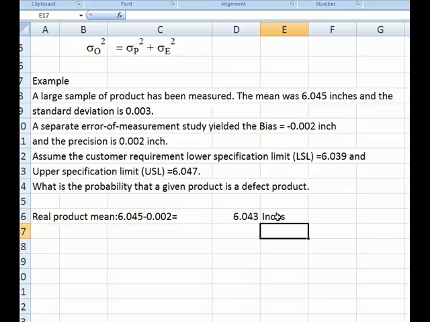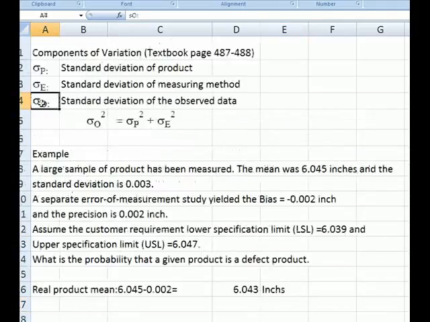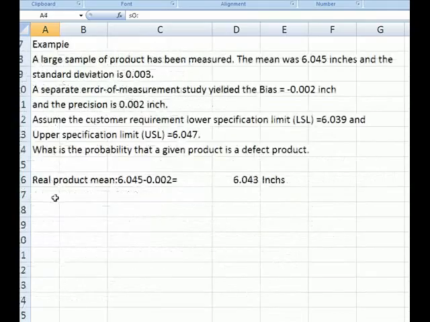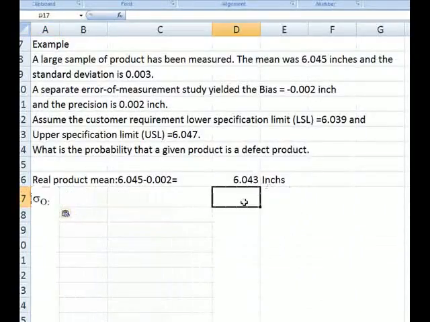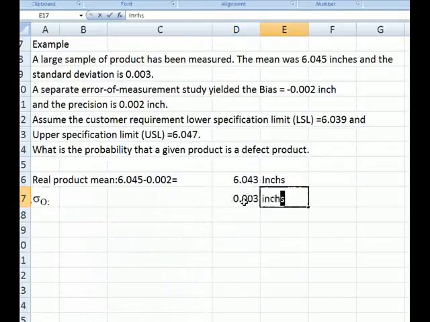And then we know the standard deviation here is 0.003 inch, which means sigma o, the standard deviation of the observation, is 0.003 inch.